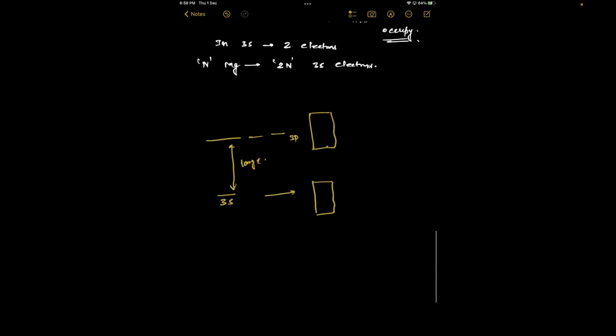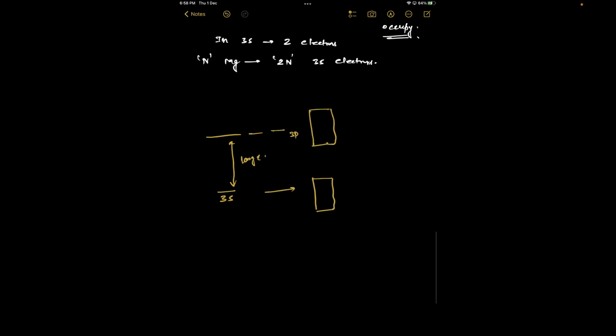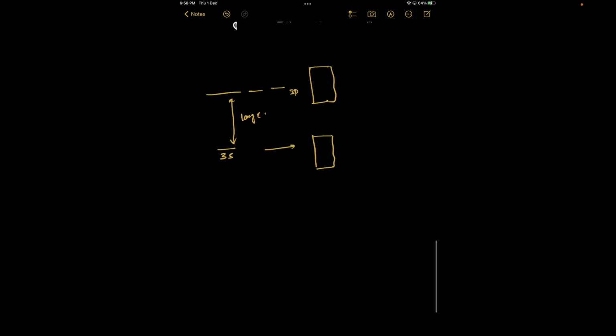Okay, so the band theory of solids is very important to understand the conduction properties of metallic solids. Now we have the terms conduction band and valence band. Valence band means the band up to which the electrons are completely filled up.